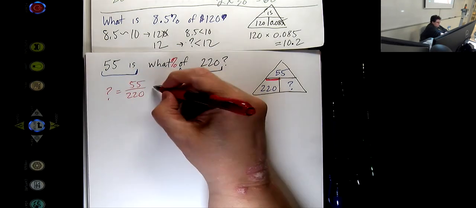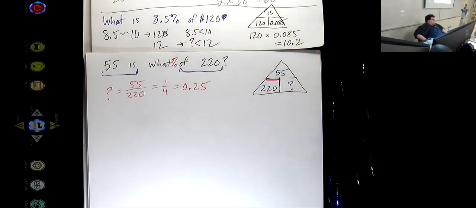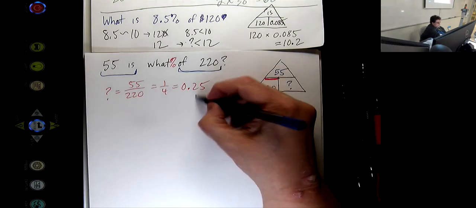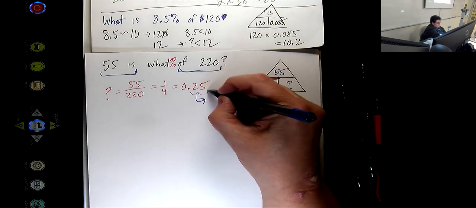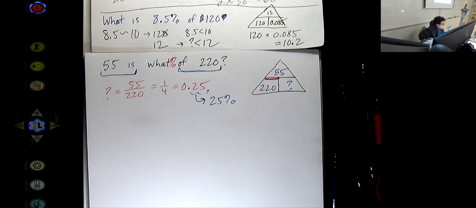This should be 1/4, which is 0.25. So my 0.25 is the number I get, but that's not the percentage. Now I gotta shift it to a percentage. Writing this as a percentage, we move the decimal to the right twice and we get 25%. You knew there was some movement involved. That decimal point was going somewhere.